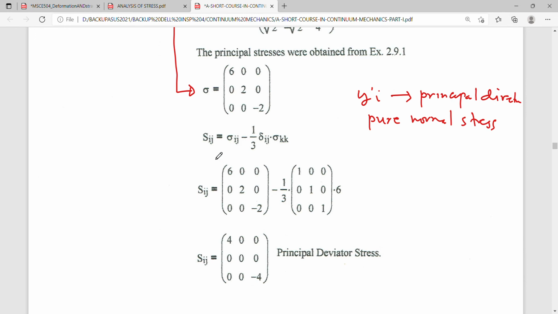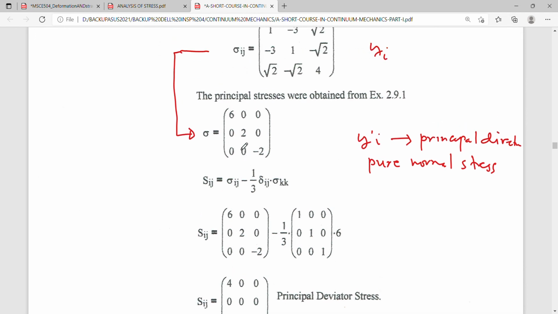So S ij, or the deviatoric part now, will simply be equal to the principal stress tensor minus the volumetric part. The sigma kk here simply refers to the trace, or simply sigma 1 1 plus sigma 2 2 plus sigma 3 3.